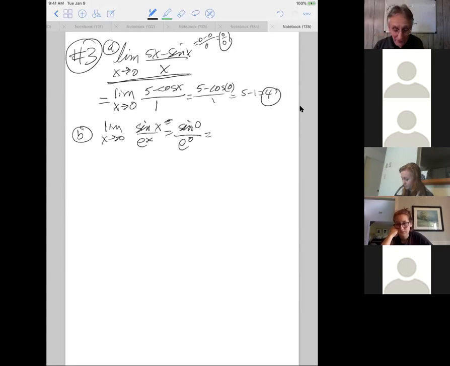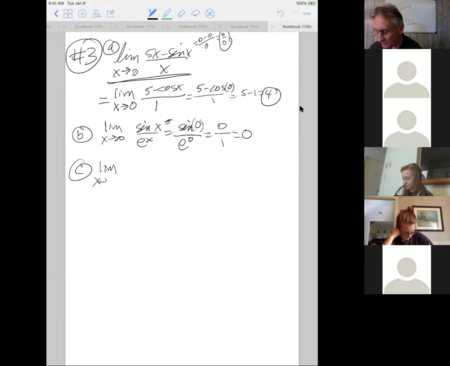A handful of you got e to the 0 equals 0, problems. E to the 0 equals 1. Sine of 0 is 0, over 1 is 0. You're done. It's not indeterminate form. Therefore, you do not use L'Hopital's rule. The answer is 0. Okay. Questions on that?